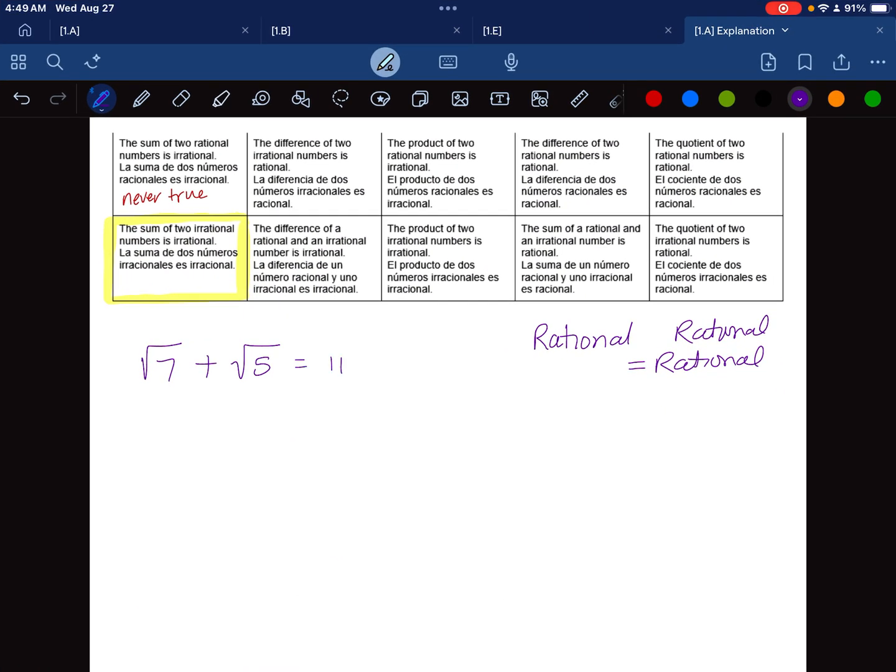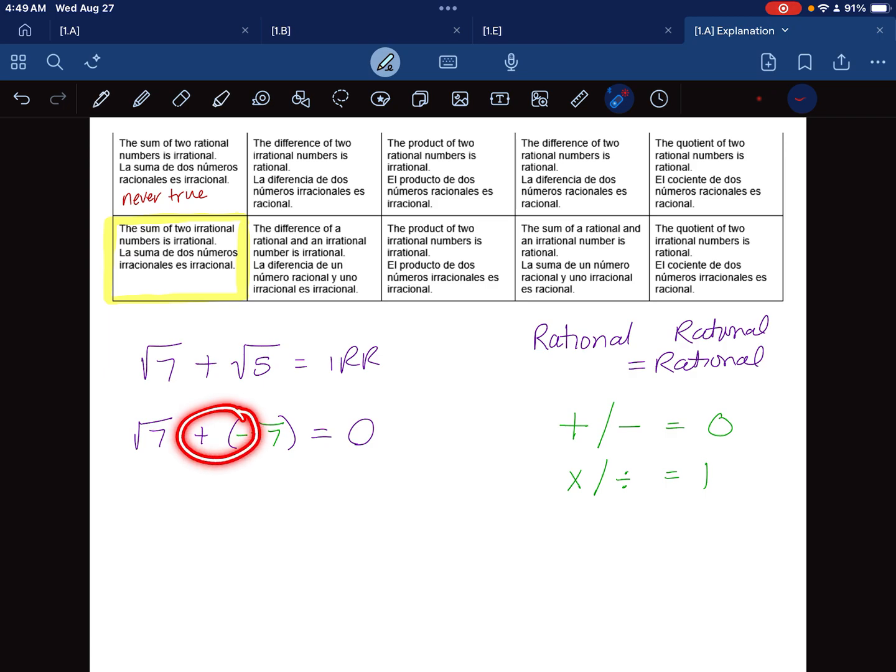That's irrational. But what we want to do is test: is there something that I could add that would cause it to become 0? The check for adding and subtracting is that you're going to want to try to make it equal 0. For multiplying and dividing, you want to try to make it equal 1. That's the goal. If I add negative square root of 7, isn't that the same thing as subtracting?